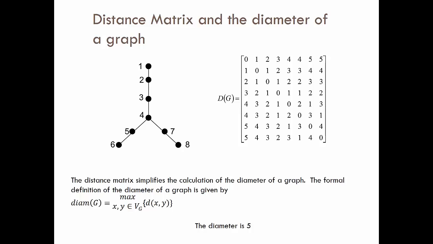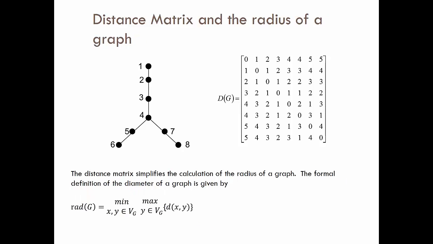The radius is a little bit more complicated. The radius formula is given below, and the radius is the minimum over all vertices of the maximum distance from that vertex. What does that mean? We can't say the radius is simply the smallest value in the distance matrix, because that's always 0. Zero is on the diagonal.